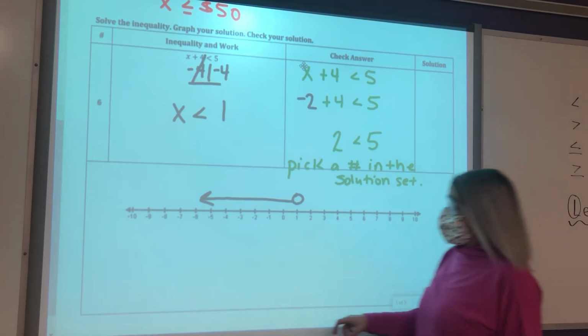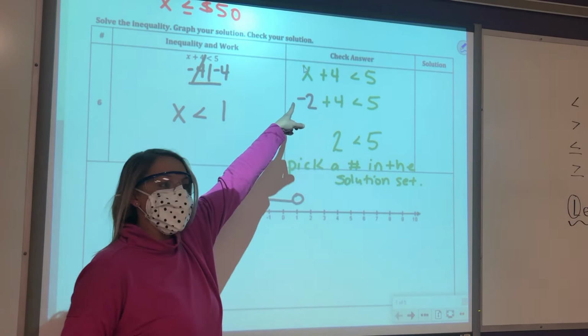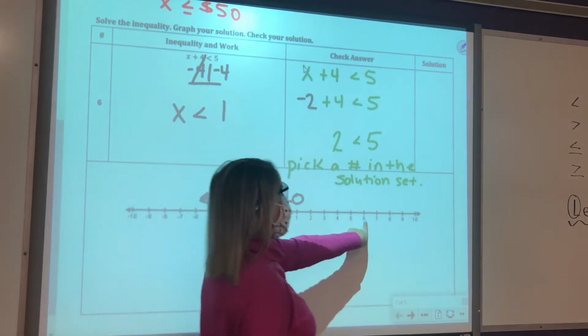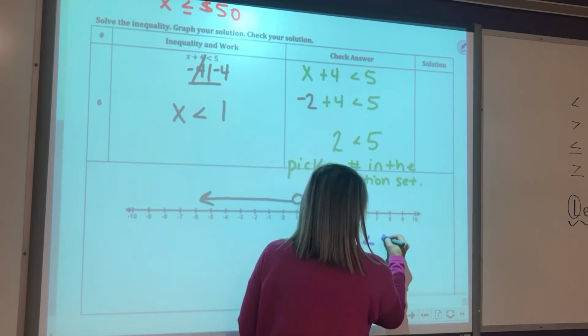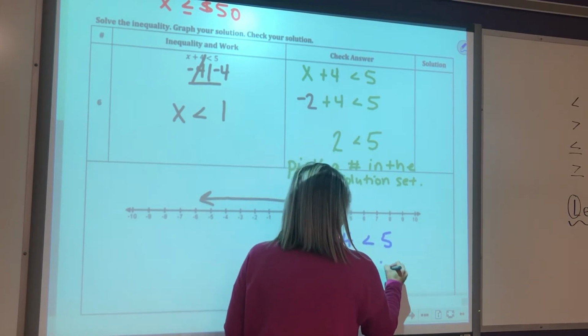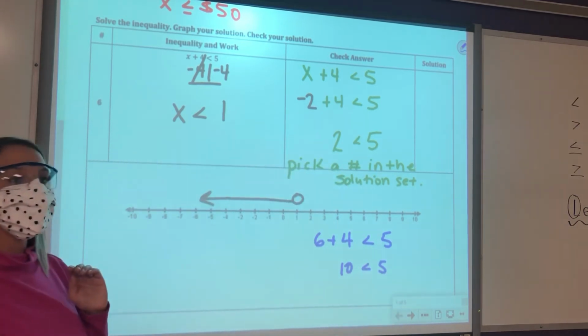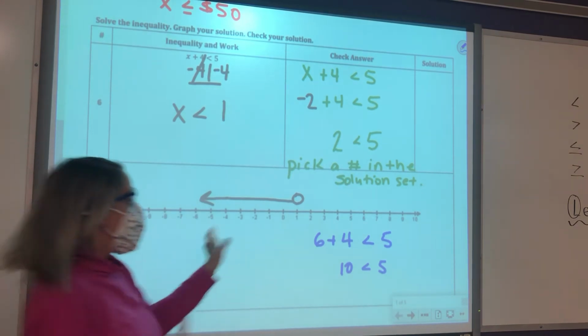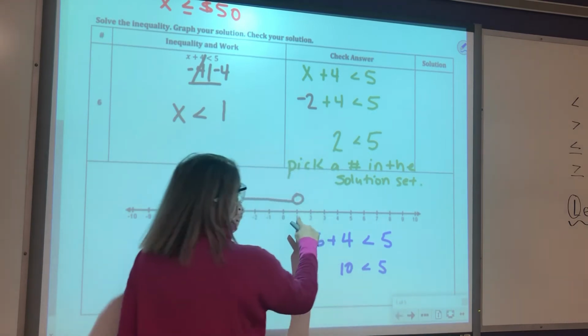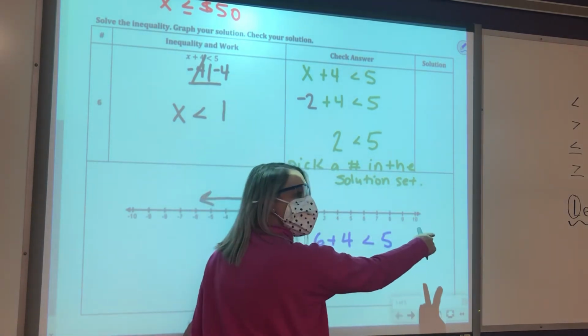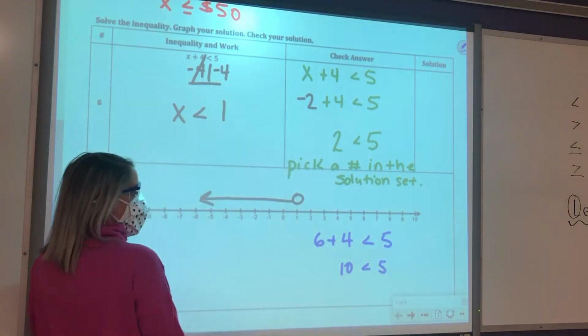If I were to put something greater than 1, so if I were to put 6, is that true? No. Okay, so those values here don't work. 1 and anything greater than 1 doesn't work. Can I do 1?